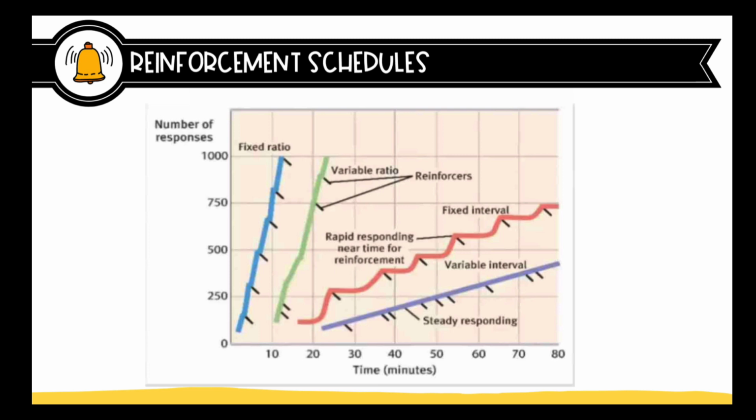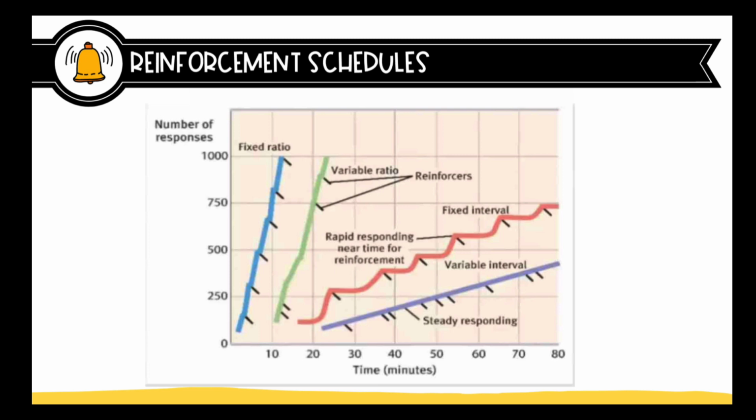Their reinforcement always is going to be the same, right? For every time you respond, you get a reinforcement. So the number of responses given is something you learn very quickly, but notice how over time it eventually drops off, right? The reward no longer matters. It's not as resistant to extinction is what this chart is saying.